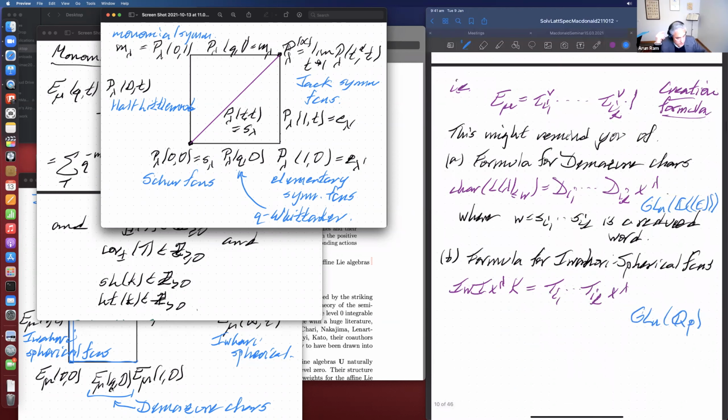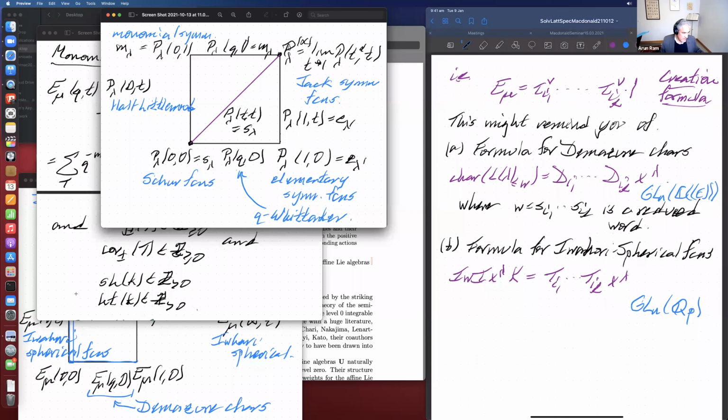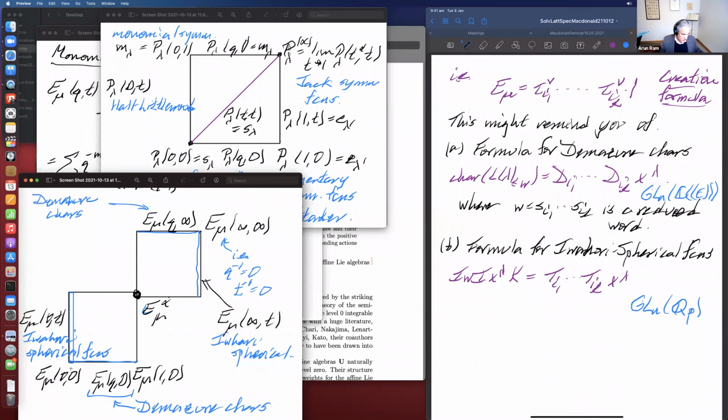And that's these two specializations, this left edge and this bottom edge. One is for the Iwahori spherical. And these are both nice papers of Yun that worked on both of these.